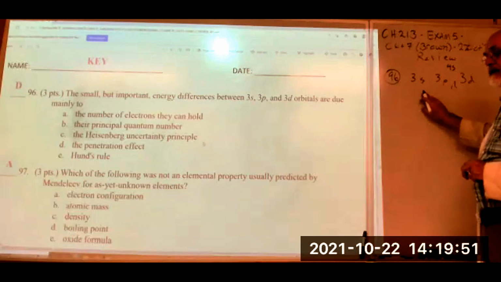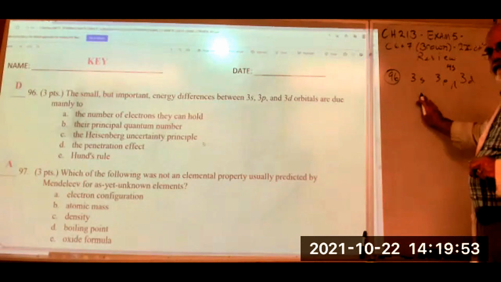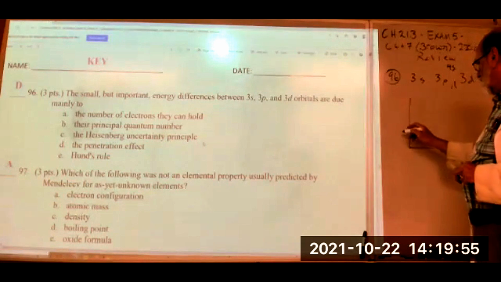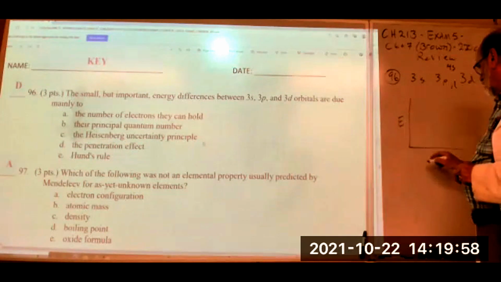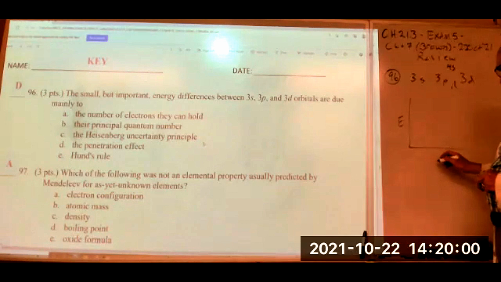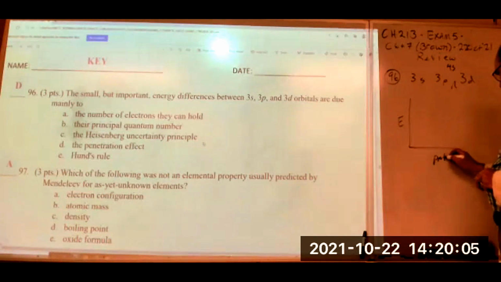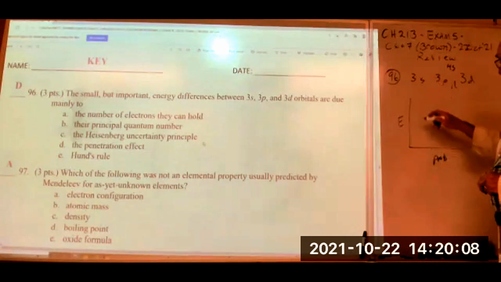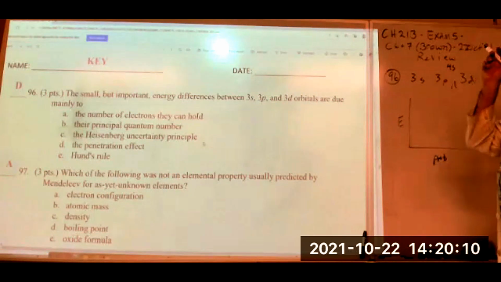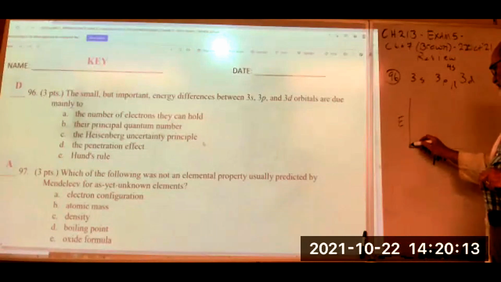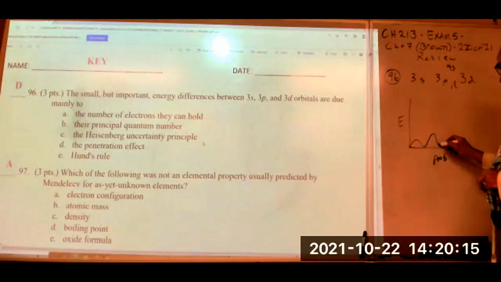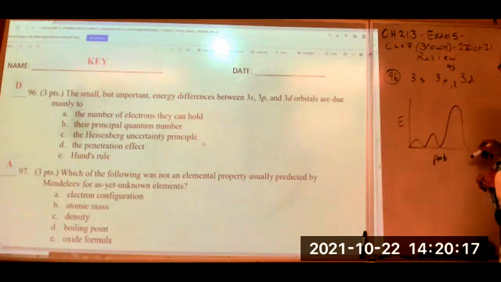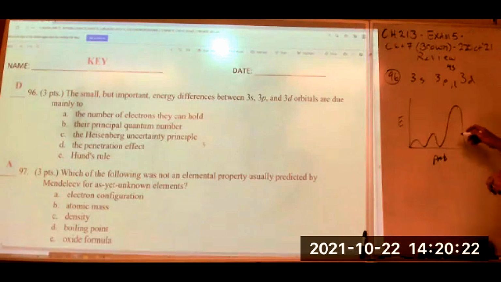Well, remember with the s's, the 1s has no nodes in it. It's just a distribution like this, and this is probability. So the 3s is going to have 2 nodes in it, like that. 3p is only going to have 1 node, but it's going to be in here like this.